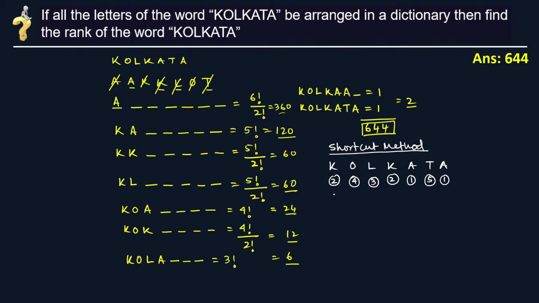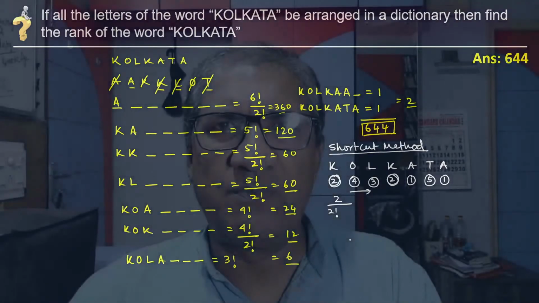Now what you have to do, the same thing that we have done in the previous sum. I have to check how many numbers are there in the right hand side which are less than 2. We can easily see that there are 2 such numbers, 1 and 1. So you simply write down 2. Okay, but now these 2 1s are identical. So it has to be divided by factorial 2. At the same time, this 2 and this 2, they are also the same number.